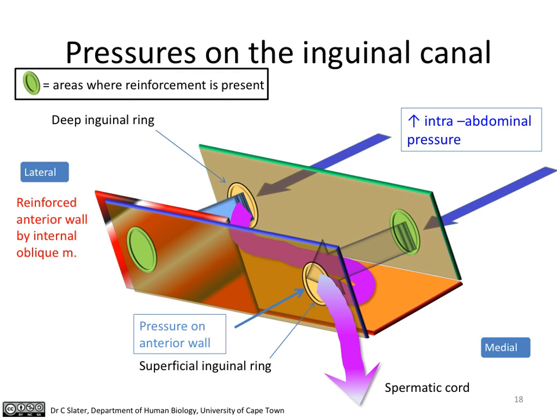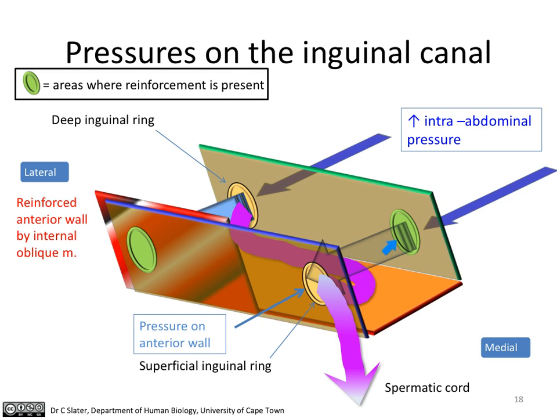So anything that pushes up against the posterior wall in this medial region here actually meets very little resistance and would push quite easily up against the weakness where the superficial inguinal ring is in the external abdominal oblique muscle of the anterior wall.